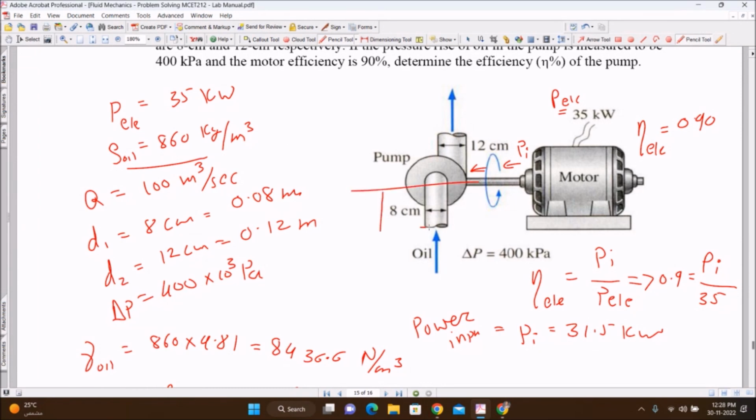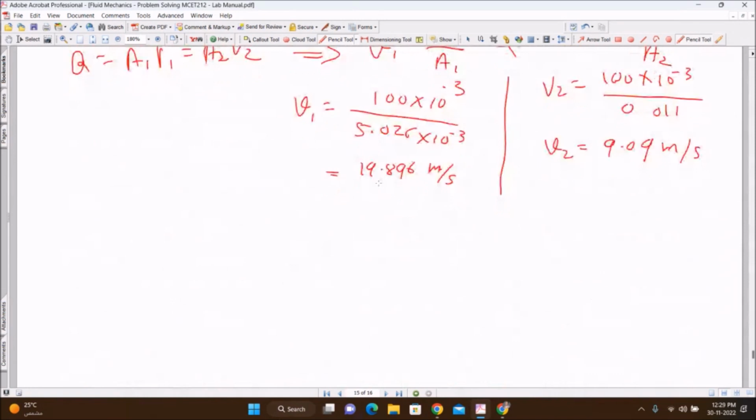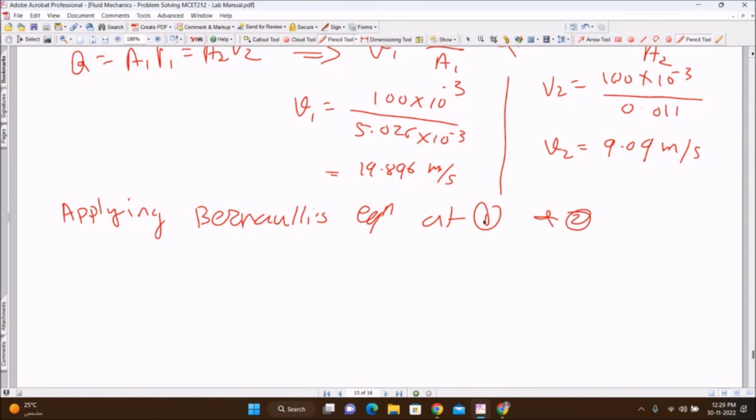You assume this is a datum line. So this is the entrance 1, inlet, and this is outlet 2. The height in the downward direction Z1 is the suction head, and the height Z2 is the delivery head HD. So Z1 Z2 together is the head developed by the pump. Apply Bernoulli's equation at inlet and outlet.